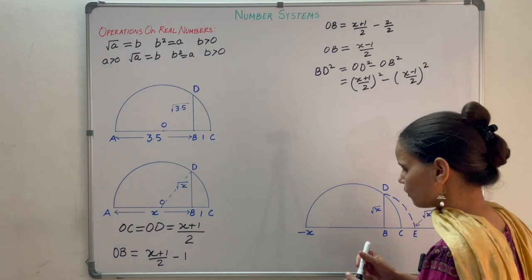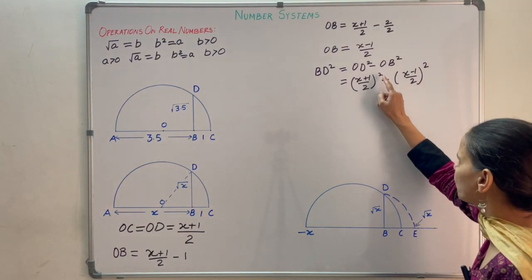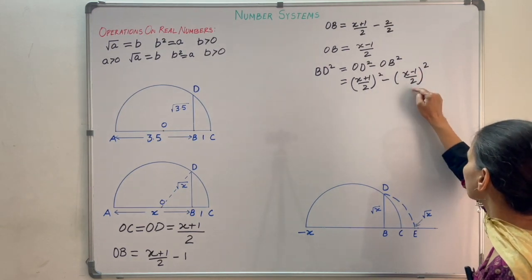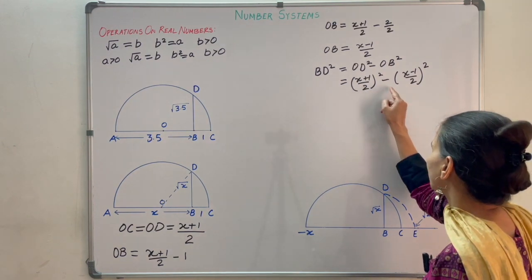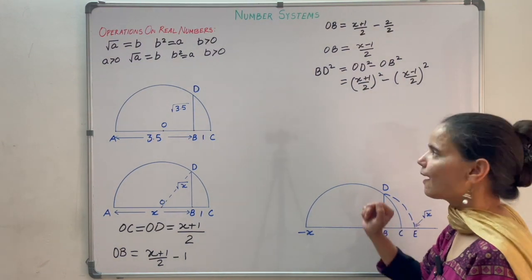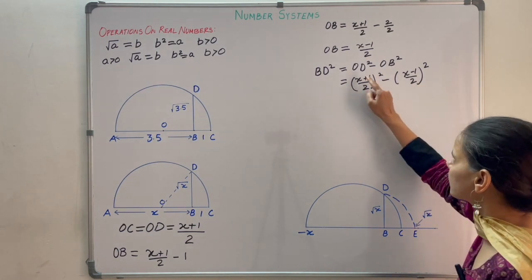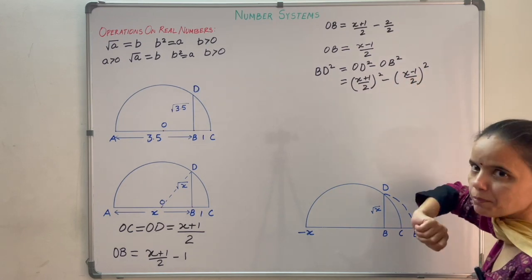So here you can use two formulas. One formula is (a plus b) whole square. You can apply this and open it here. And here you can use (a minus b) whole square and solve it. Or you can use a square minus b square. I am going to use the second one, a square minus b square. Here a is (x plus 1)/2 and b is (x minus 1)/2.